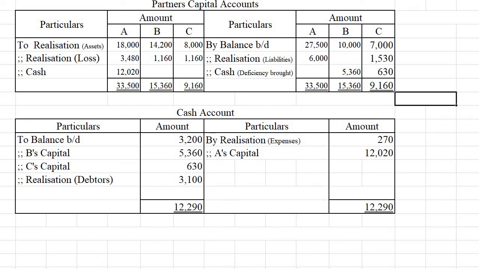And the speciality here is that part of the assets are taken over by partners and the remaining part may be either taken over by other partner or being realized. So you have to understand it thoroughly, how to treat the part of the assets if taken over by partner and remaining part is realized. Okay, that is the speciality of this question.